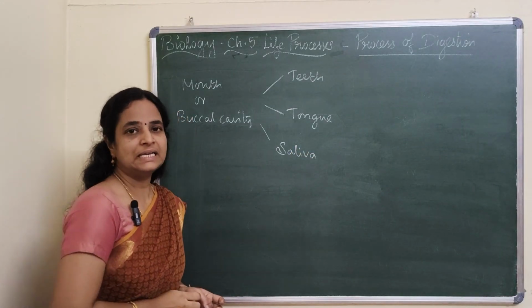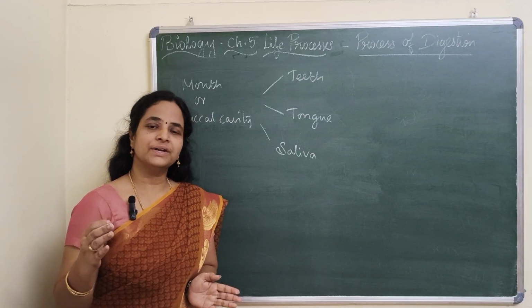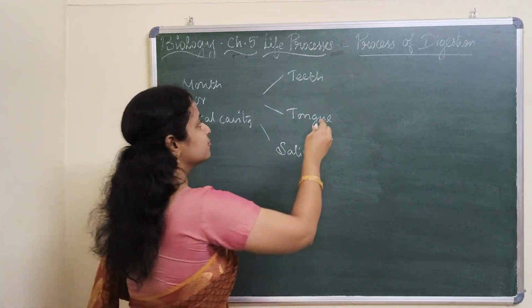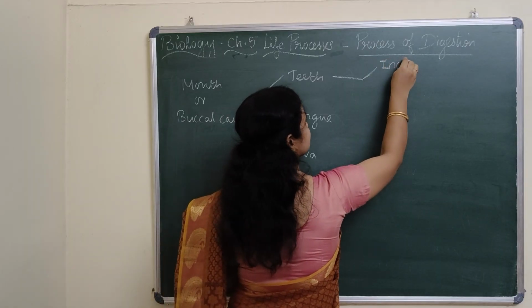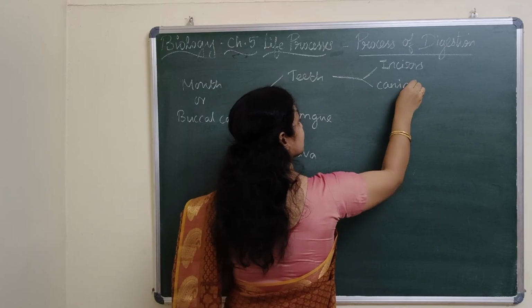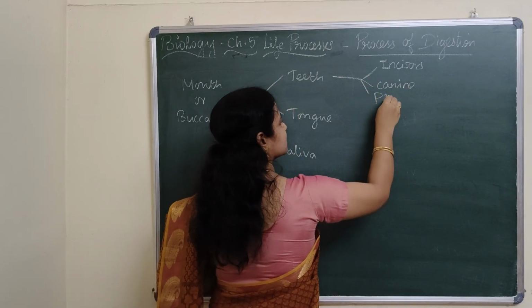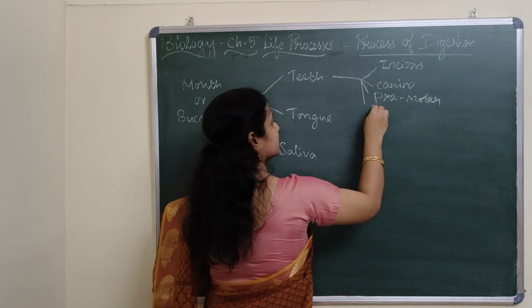When you take teeth, we have 32 permanent teeth which can be divided into four major groups. The four major groups include incisors, canine, premolar and molar.